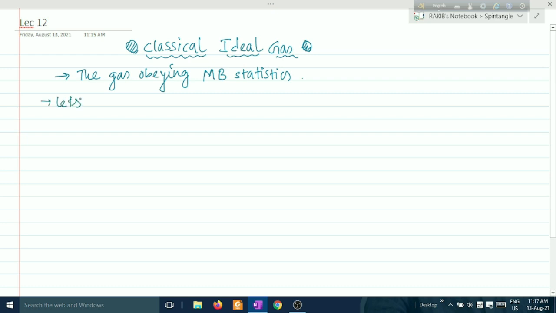Let's take a classical ideal gas of n monoatomic, non-relativistic particles, their velocity is quite small.